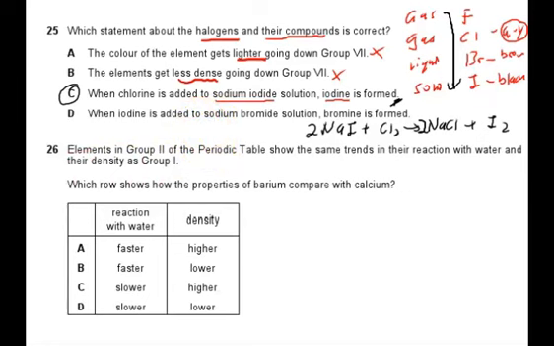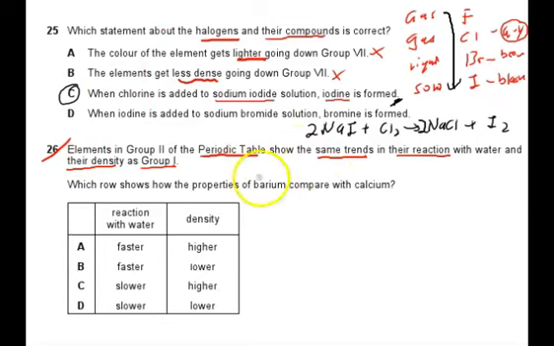Okay, now 26. Elements in group 2 of the periodic table show the same trend in their reaction with water and their density as group 1. Which row shows how the properties of barium compare to calcium?